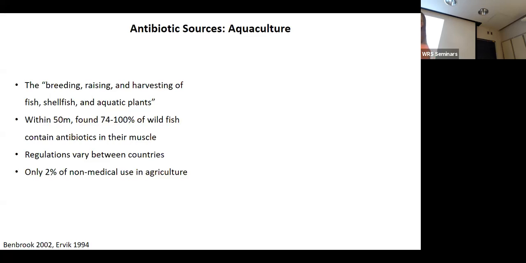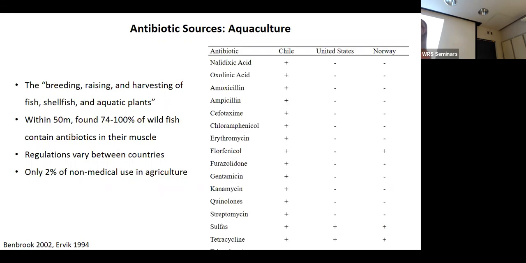And so also the regulations vary between countries for these antibiotics, and this is also the case in all of the other sources that I mentioned before, but I have a particularly useful example here to highlight. So we have the antibiotic on the left-hand side, and then different countries. So in Chile, you can use all of these antibiotics, whereas in the US, you can only use 2 of them, and in Norway, you can only use 3 of them.